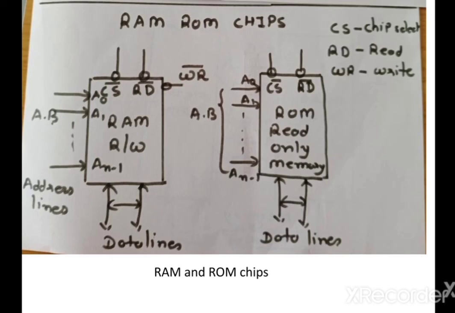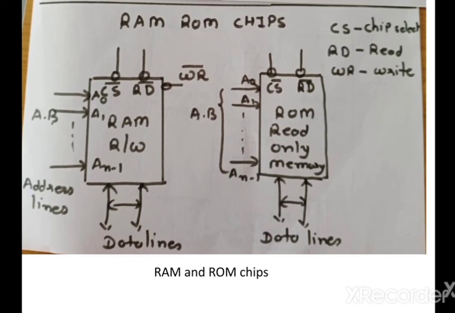This bubble indicates a low activation pin. That means when we apply logic 0, the IC is enabled, and that function is performed. That's why these are low activate pins: CS, RD and WR, that means chip select signal, read signal and write signal.